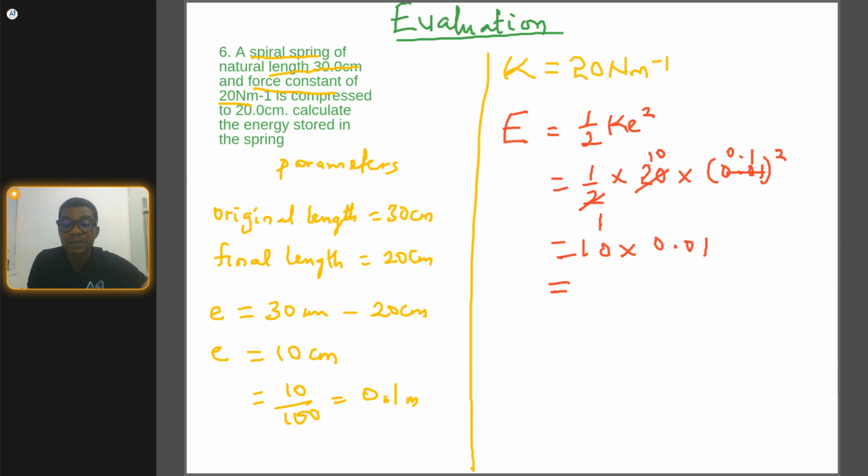Multiplying this by 10, we'll be having the answer for the energy stored to be 0.1 joule. The energy stored is 0.1 joule. So that is the response to the first evaluation question.